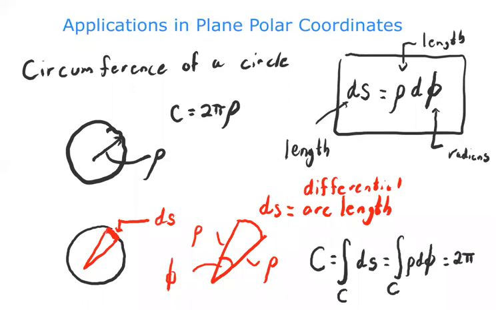So in fact, we have stumbled into something that is true. The differential arc length for a circle, ds, where s is a capital S, is simply rho d phi. That's the right expression to use, and the reason is that when you integrate it over the entire circle, you get what you expect to get.